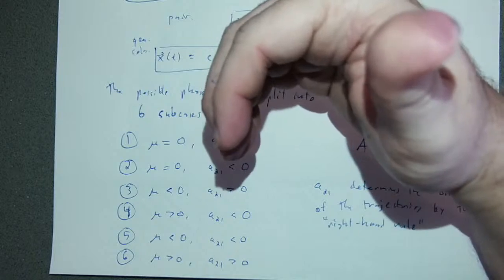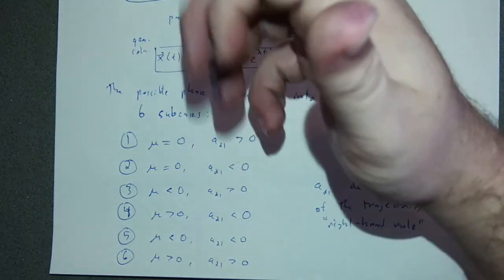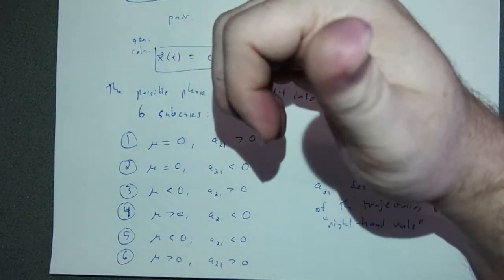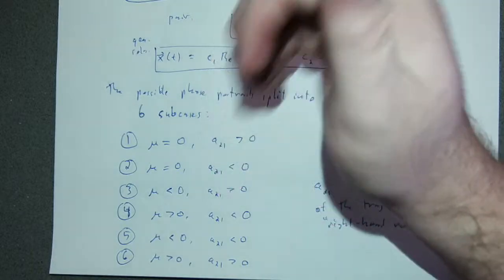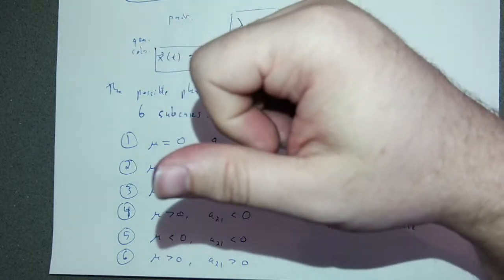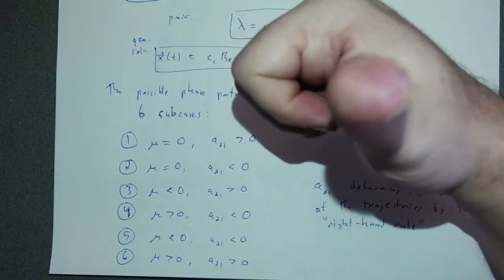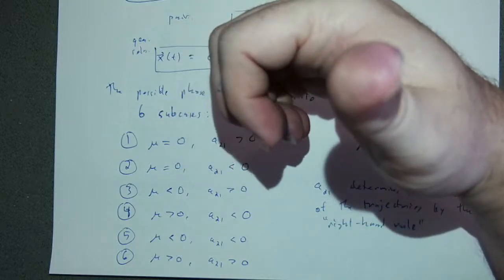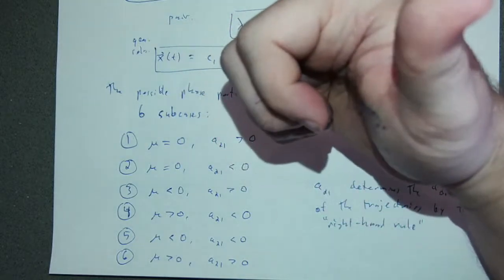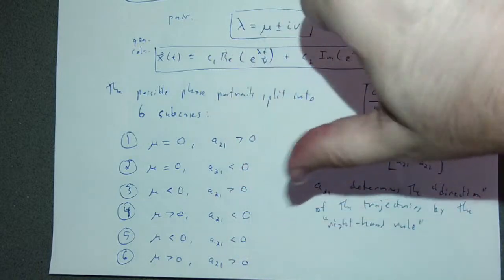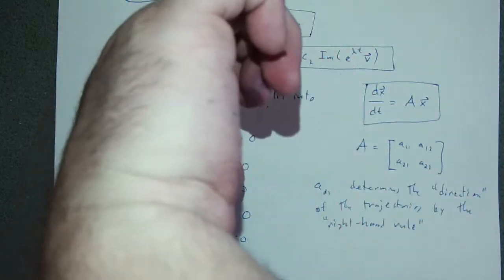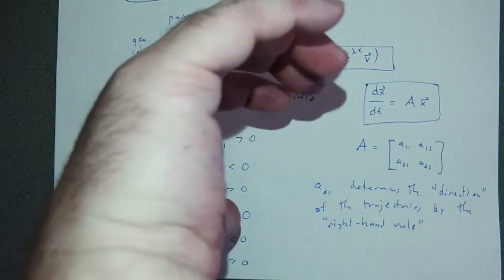Thumb up, fingers curling like this, the curling of my fingers indicates the direction of motion. They indicate a counterclockwise direction. So A21 being positive indicates a counterclockwise direction. A21 being negative would be me taking my right hand and pointing my thumb down, down into the paper, letting my fingers curl naturally.